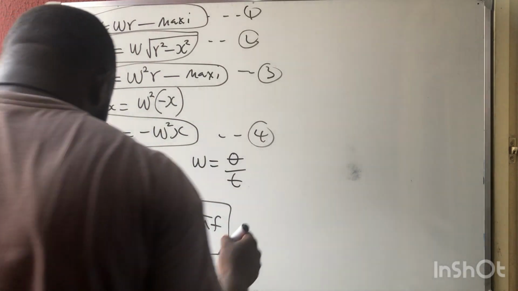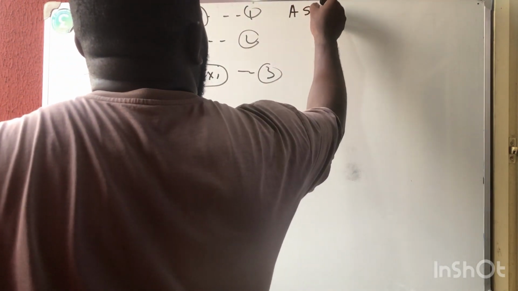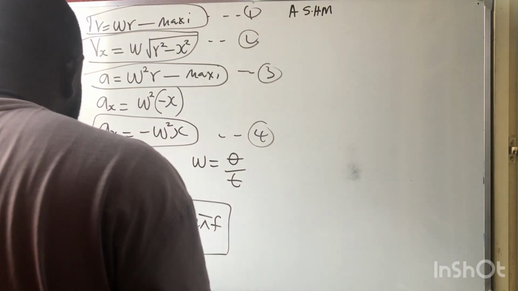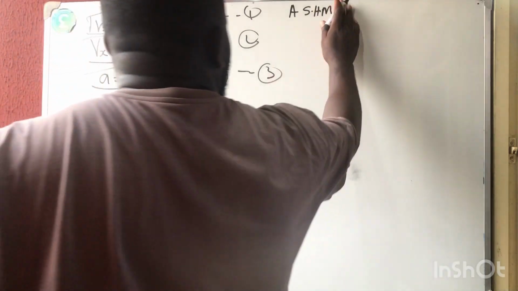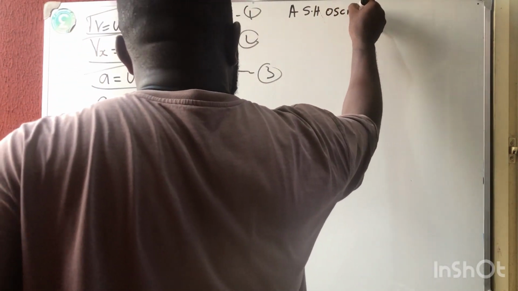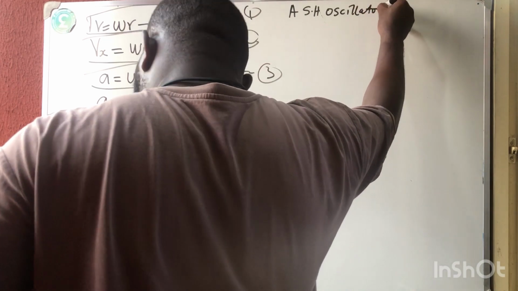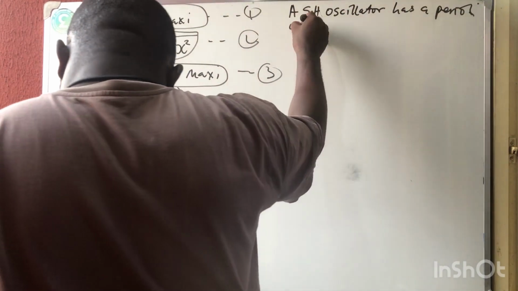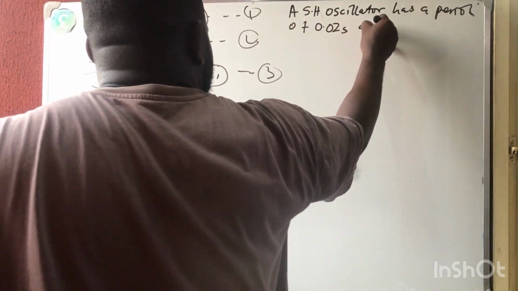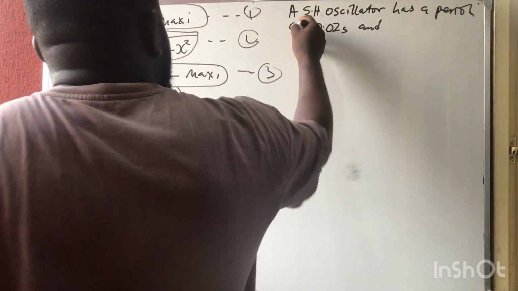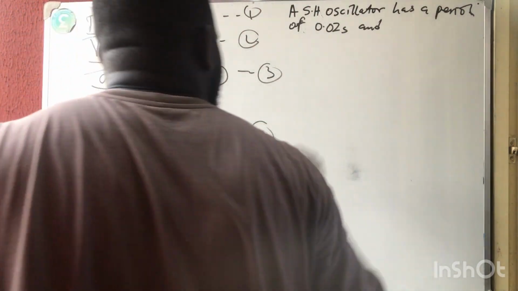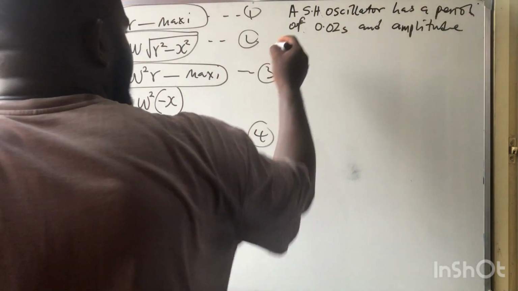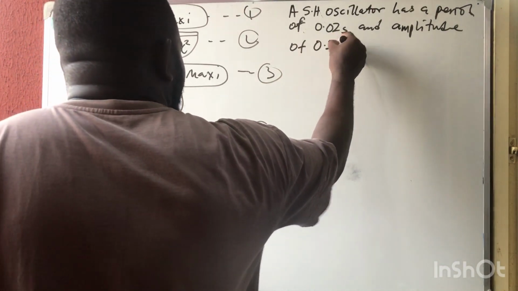The first question says: a simple harmonic oscillator has a period of 0.02 seconds and an amplitude of 0.25 meter.